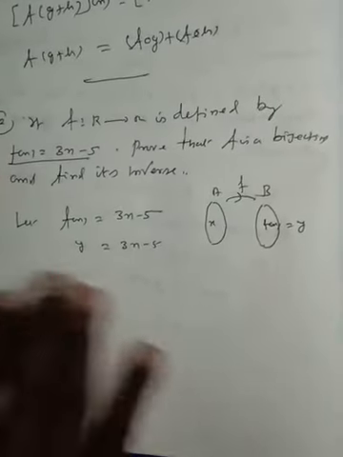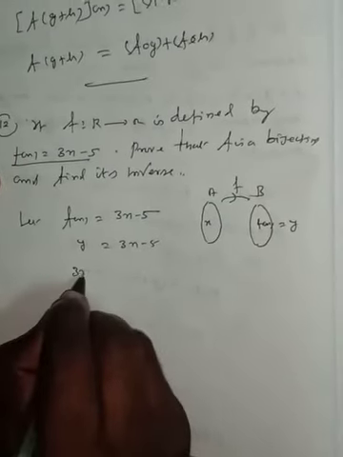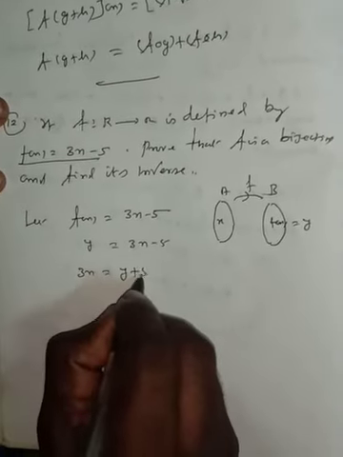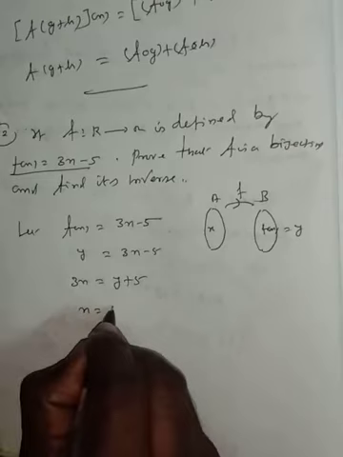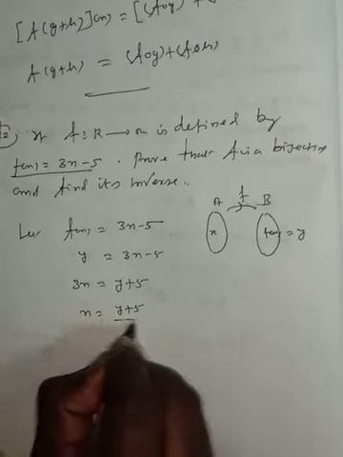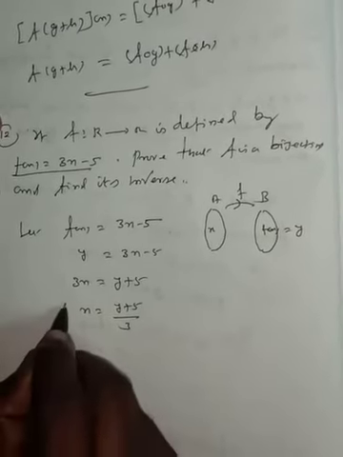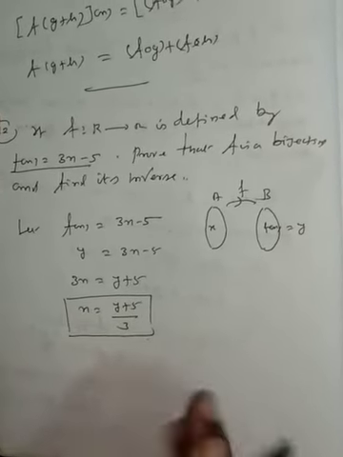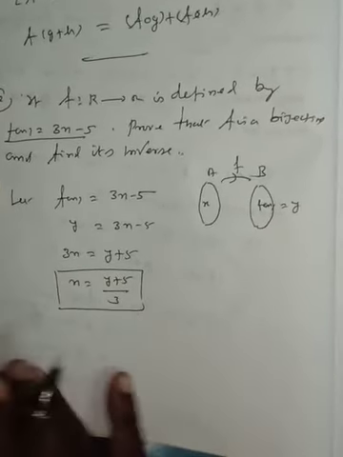Therefore y is equal to 3x minus 5, so 3x is equal to y plus 5. x is equal to (y plus 5) divided by 3.